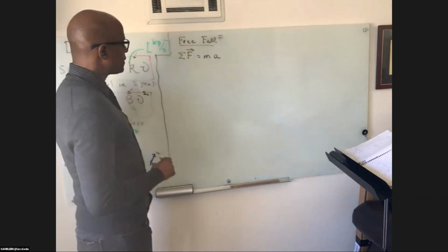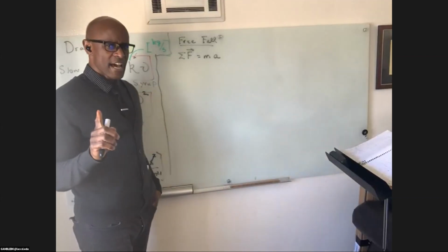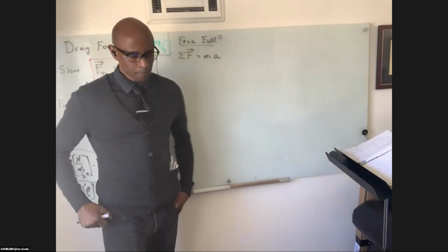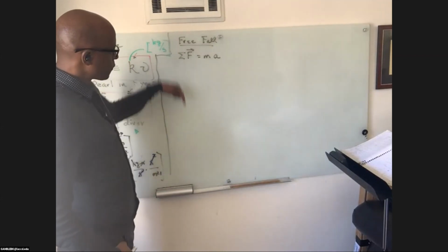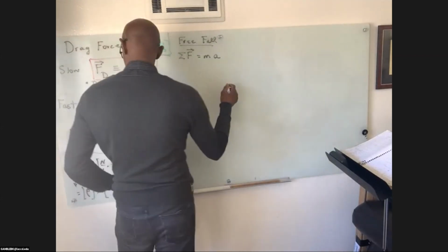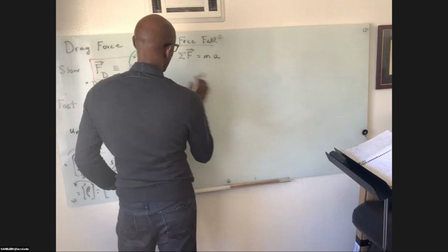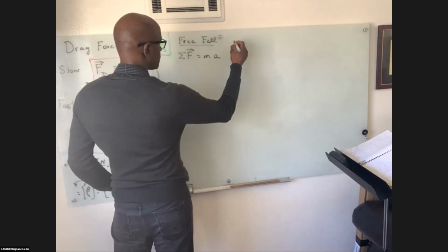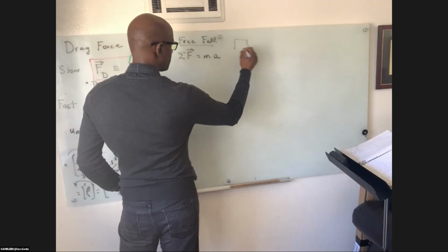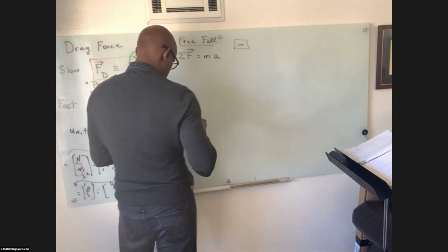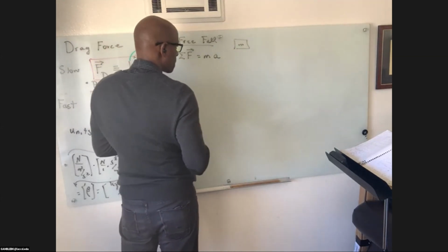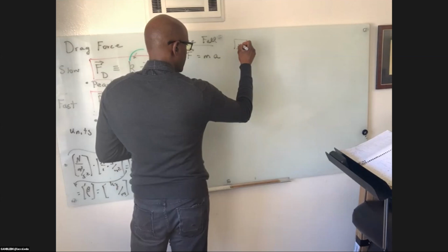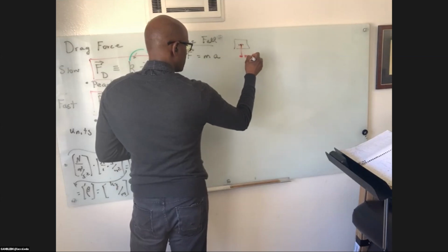Now, I have to be a little bit careful about the sign in this case, because I know that the only force on the object is the force of gravity. It's falling. Here, this is my mass, M, and here I have the weight on the object, mg.